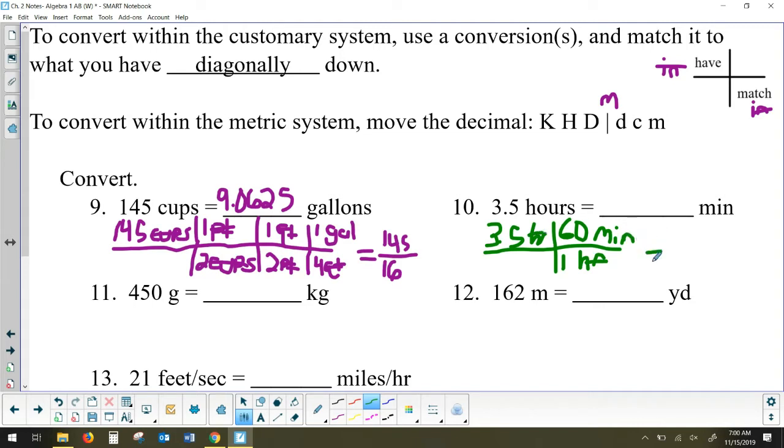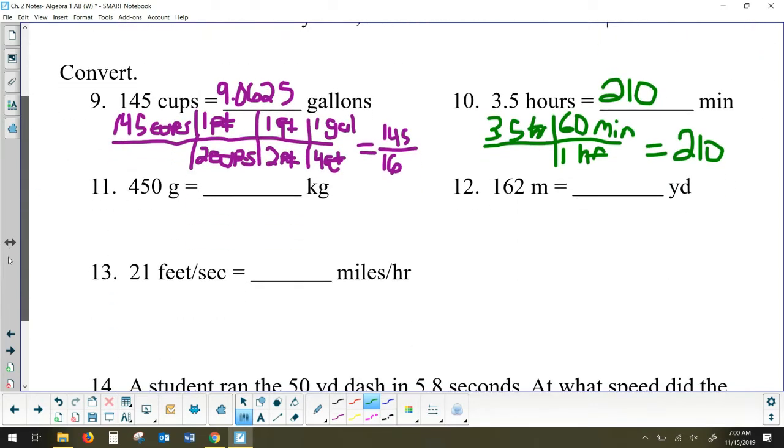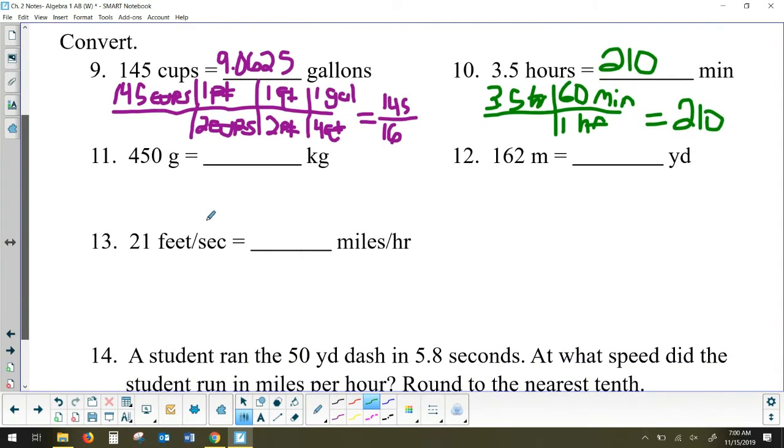We end up with 3.5 times 60, which was 210 minutes in 3.5 hours. Fabulous.